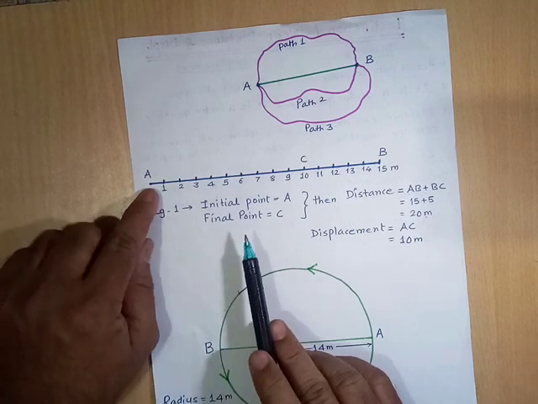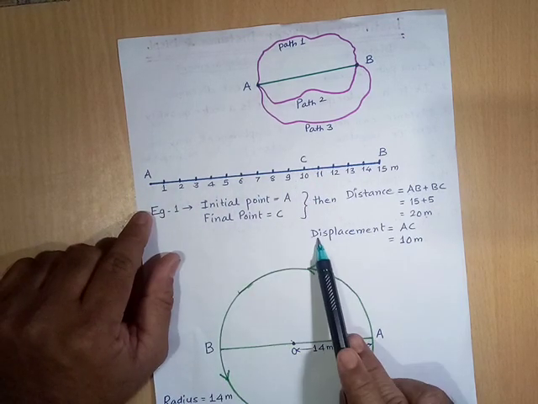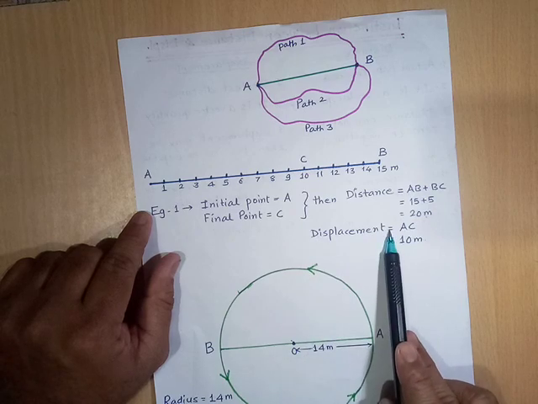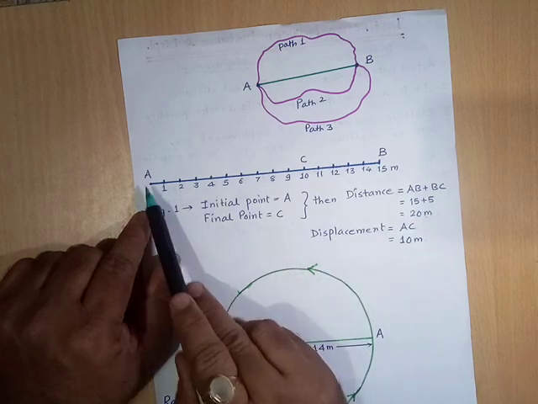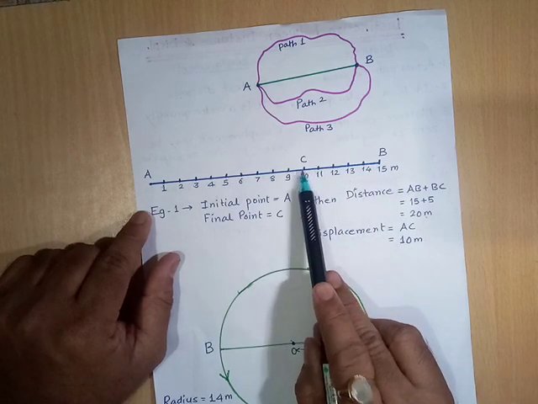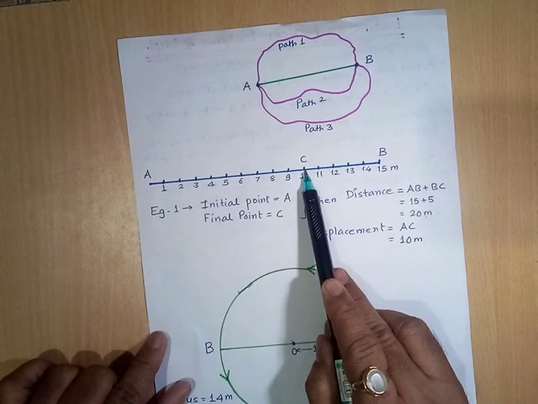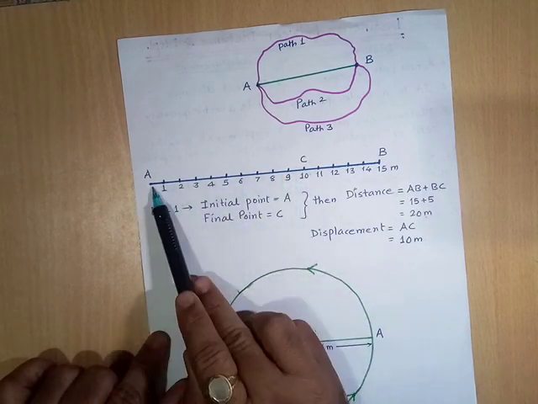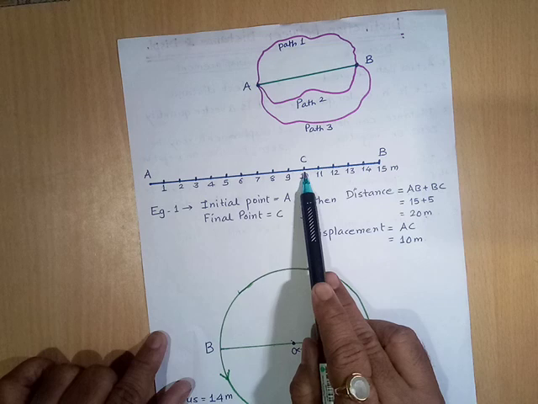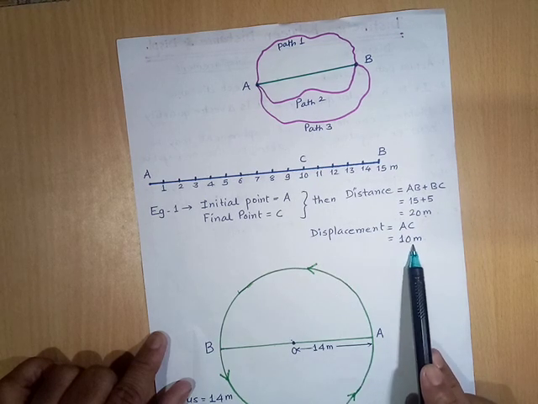So the shortest distance is from this point A up to the point C, that is 10 meter. So in this case, the displacement of the object is only AC, although the object has traveled from A to B and from B to C. But here I have to consider A as the initial point and C as the final point. So AC is the magnitude of the displacement. So here displacement is only AC, and that is 10 meter.